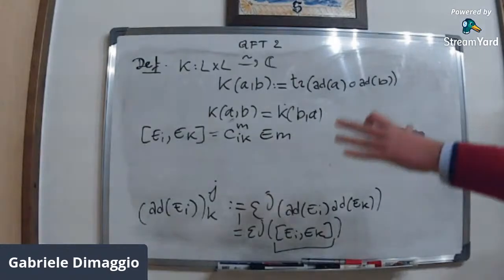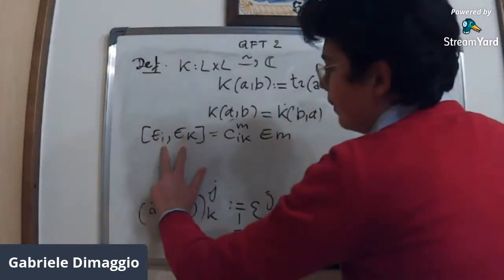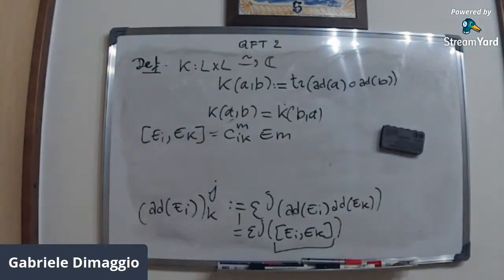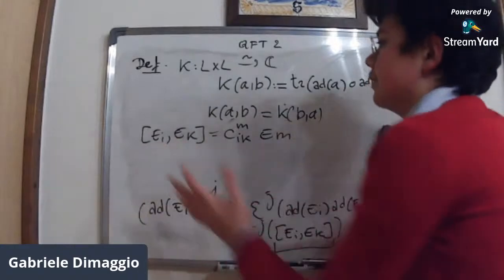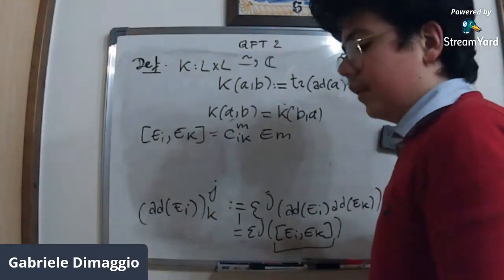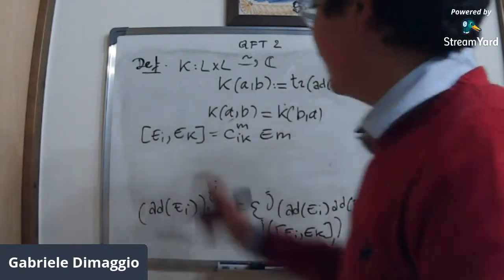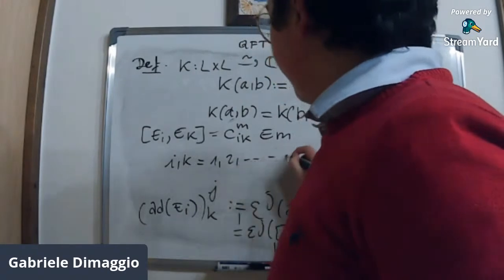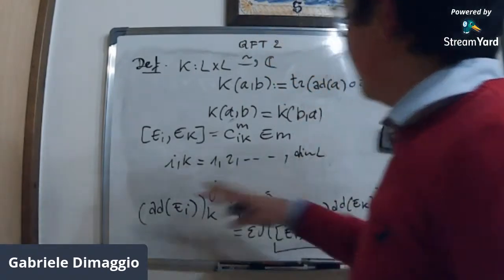The commutator, because these two elements, what are these? This is a basis for my vector space, and i and k can be equal to 1, 2, until the dimension of L.